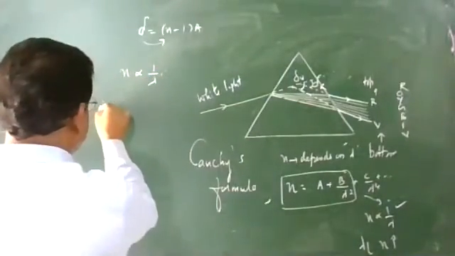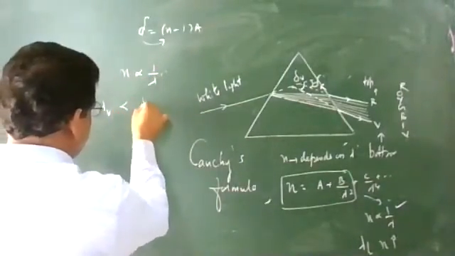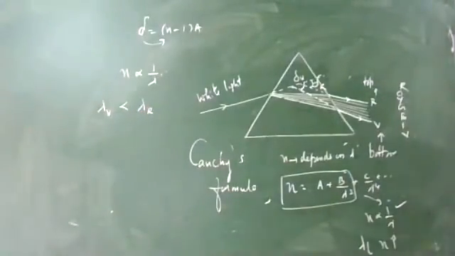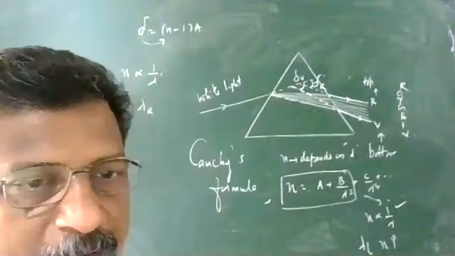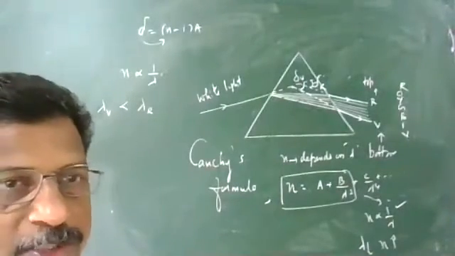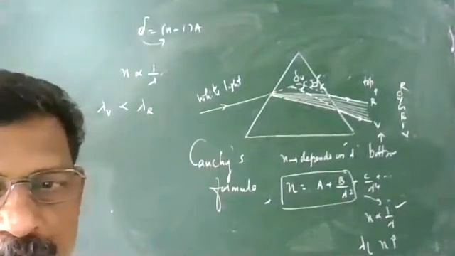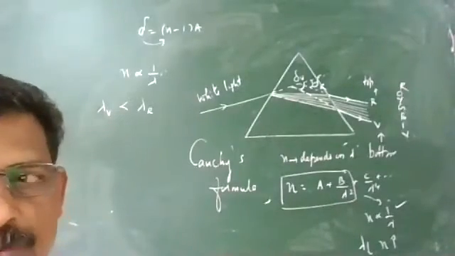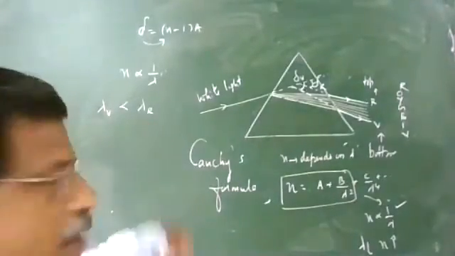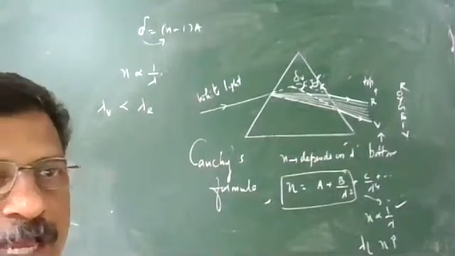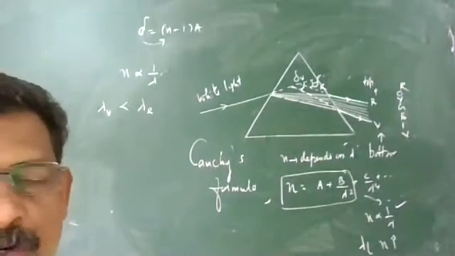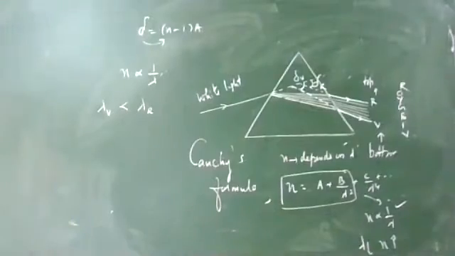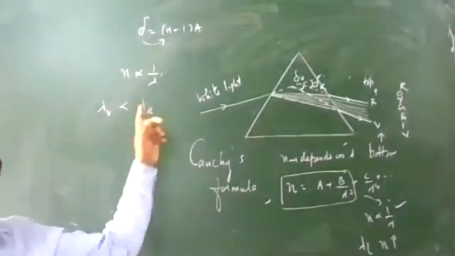Now, the wavelength of violet color is less than the wavelength of red color. Exact values of wavelengths of all the colors will be explained in the chapter on electromagnetic waves, where we discuss all types of EM waves, including visible light. Approximately, violet is 4000 angstrom and red is about 8000 angstrom. So the wavelength of violet is less than red.